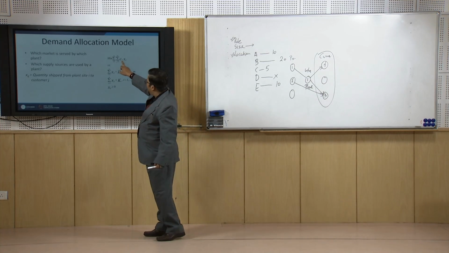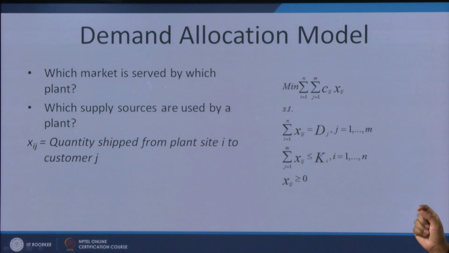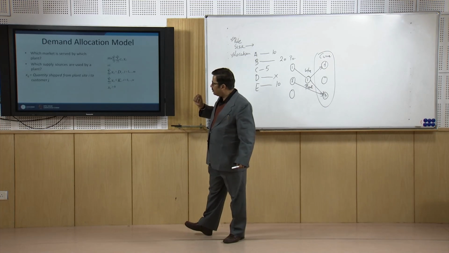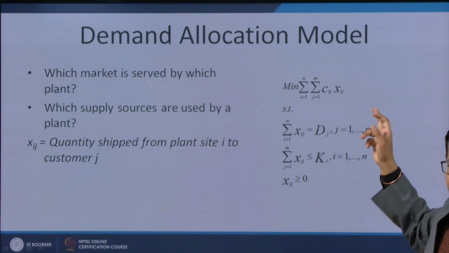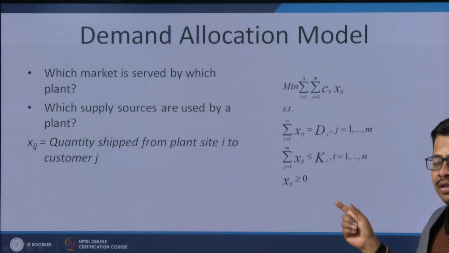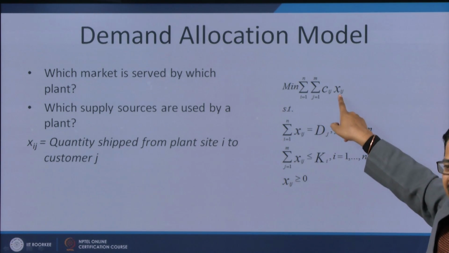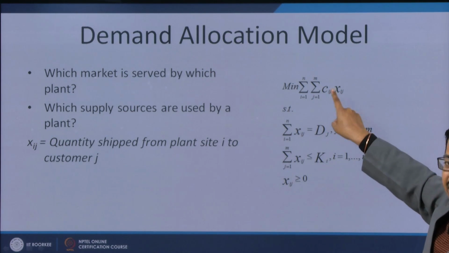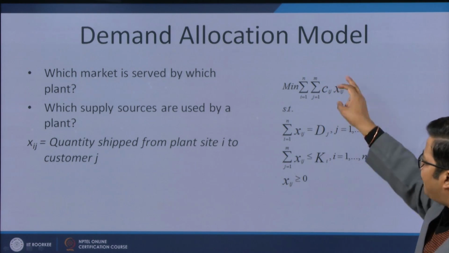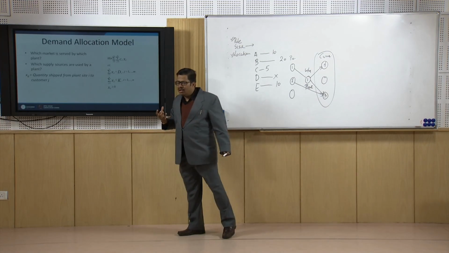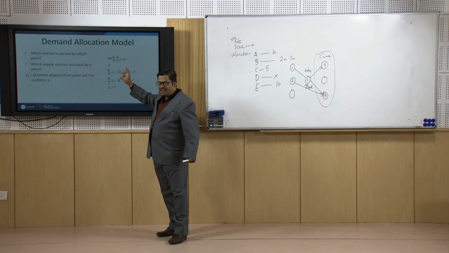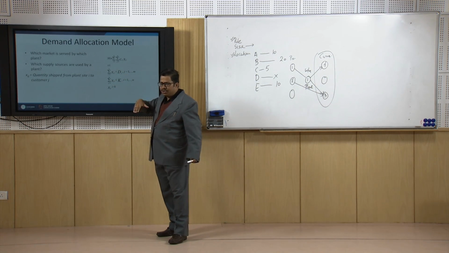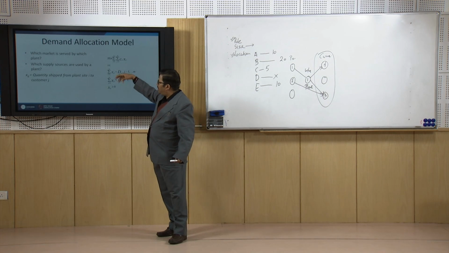Cij represents the cost of transportation from the ith location to the jth destination, and Xij is the number of units moved from the ith location to the jth destination. So Cij times Xij is the total logistics cost of moving Xij units from the ith source to the jth destination, and we want to minimize this.